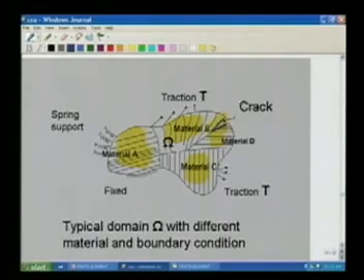Then traction boundary conditions are applied here, here, which can be any type. It can be shear, it can be normal, or anything that we wish. And this potato is fixed at this end, while in this region it is resting on an elastic support. That is, it has spring boundary conditions.